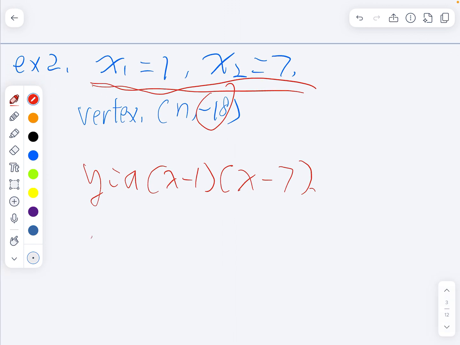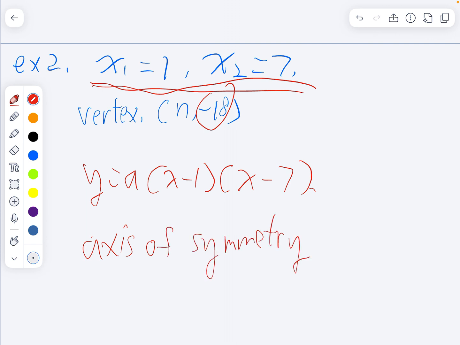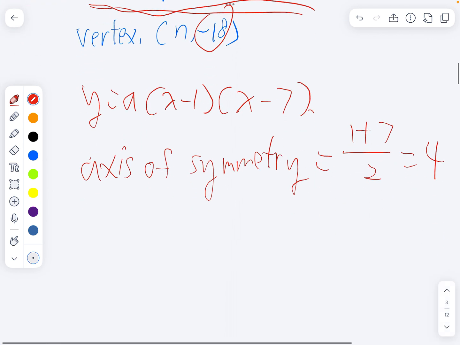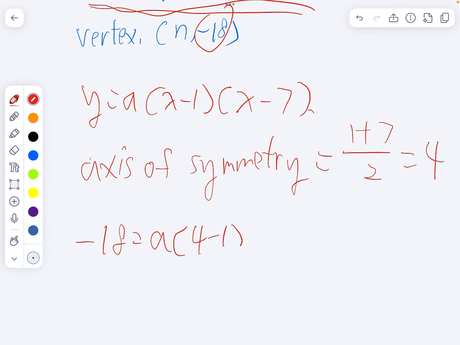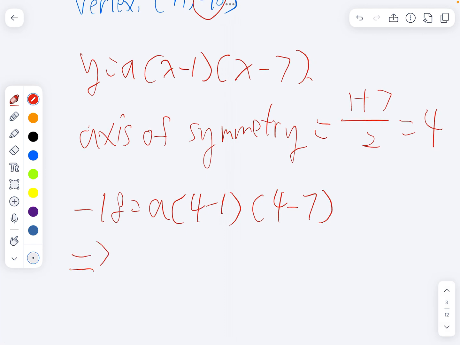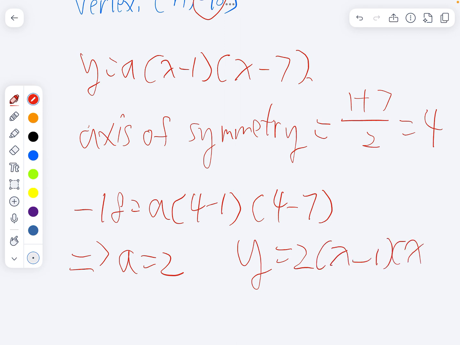Now we can get the axis of symmetry: the sum of the roots over 2 equal to 4. So we can get a equal to 2. So the final answer is y equal to 2 times (x minus 1).